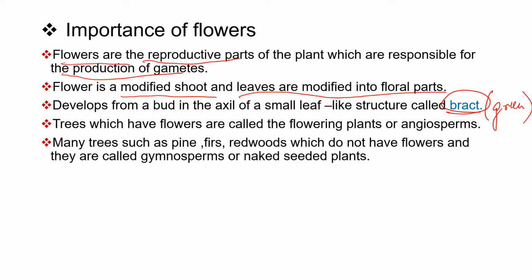Now plants which have flowers are called flowering plants, such as angiosperms. Many plants which do not have flowers at all, such as pine, firs and redwoods, are called gymnosperms. So we have divided plants into two groups: angiosperms, which produce flowers, and gymnosperms, which do not.